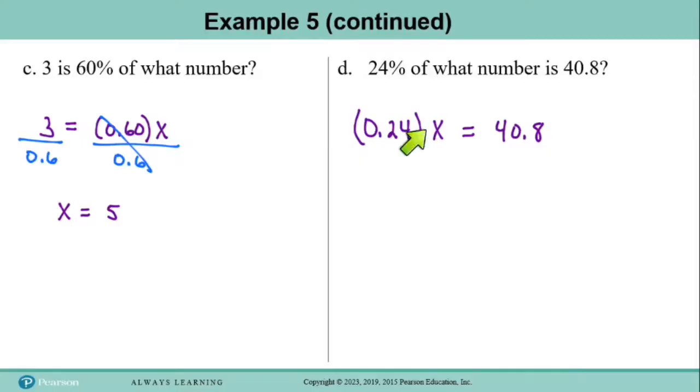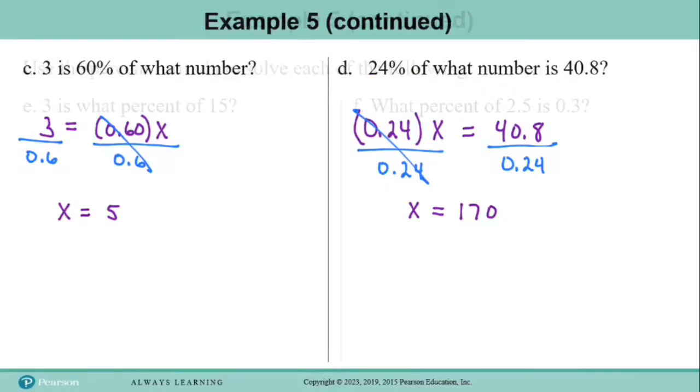Okay, now to isolate the variable, we'll divide both sides by this coefficient, so divide both sides by 0.24. The 0.24s divide out from the left side, and that leaves us x equals 40.8 divided by 0.24, and that's going to be 170. So 24% of 170 is 40.8.